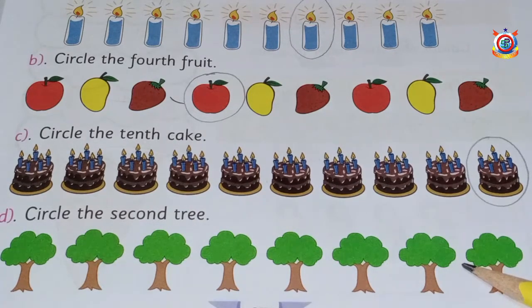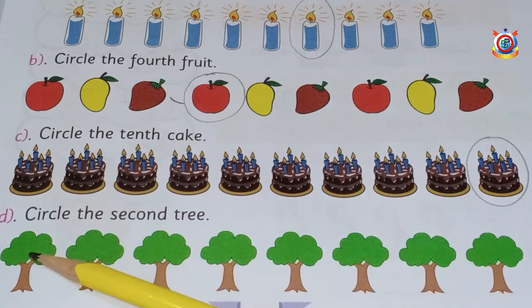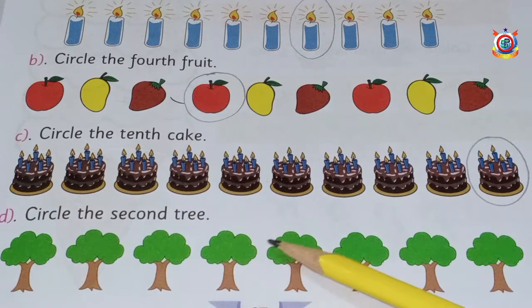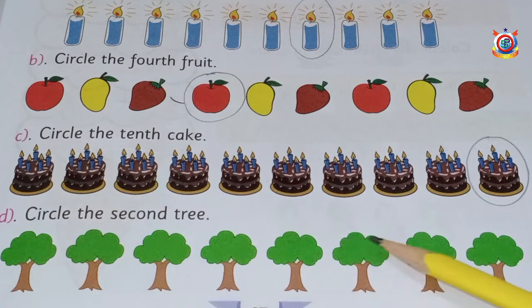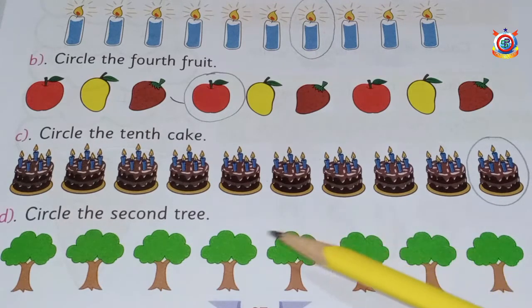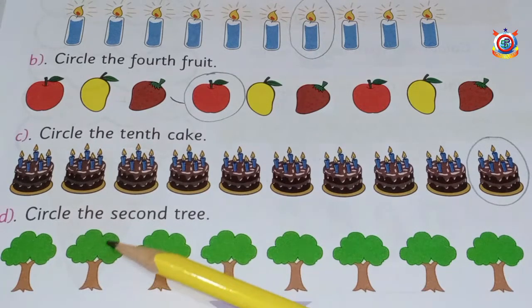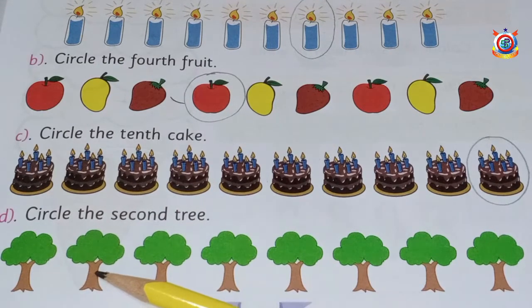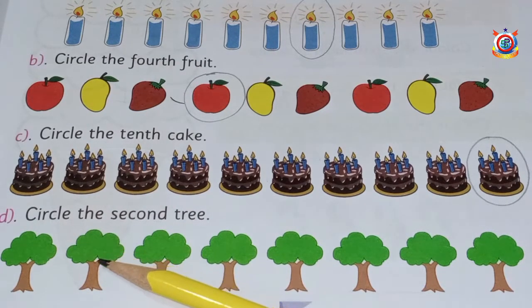Let's read again with me. First, second, third, fourth, fifth, sixth, seventh, eighth. These are 8 trees, and we have to circle this one because this is the second tree. Okay students, very good. Let's circle with me.